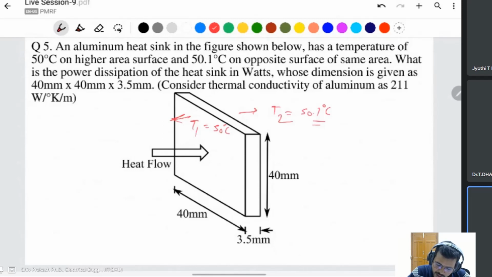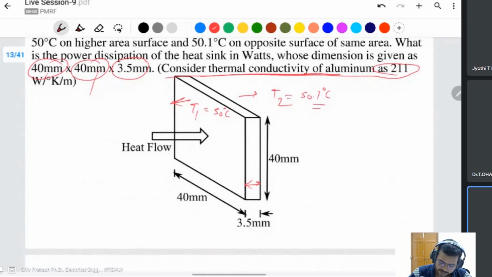What is the power dissipation of the heat sink in watts, whose dimension is given as 40 mm into 40 mm into 3.5 mm? 40 is the length, width and height. In this condition you can say this one is the thickness, this one is the width and this one is the length. The thermal conductivity of aluminum is also given as 211 watt per Kelvin per meter.